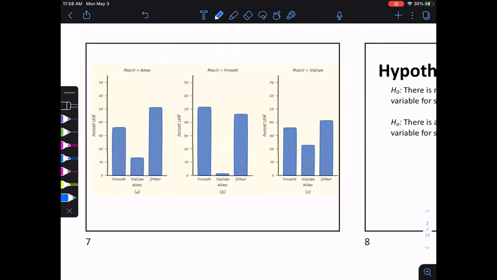Looking at the data, these are the percents of French wine sold versus Italian wine versus other wine when there was no music played. These are the percents of the various types of wine when there was French music and Italian music. With percentages, that is what your bar graph would look like.